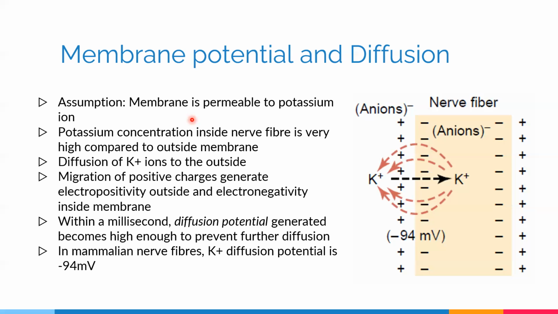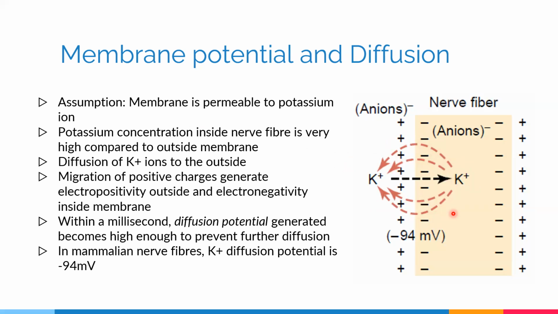Since potassium concentration, as we have already seen, inside the nerve fiber is very high compared to the outside of the membrane, the concentration gradient of the potassium ion tries to push potassium from inside of the cell to the outside, as indicated by the red arrows. So diffusion is occurring along the red arrows from inside of the cell to the outside.